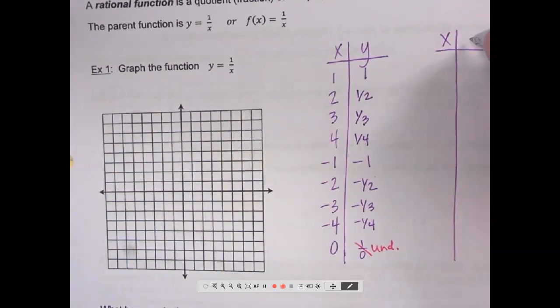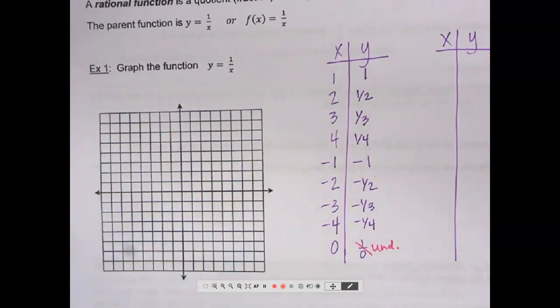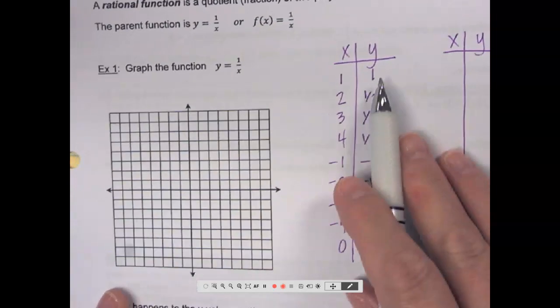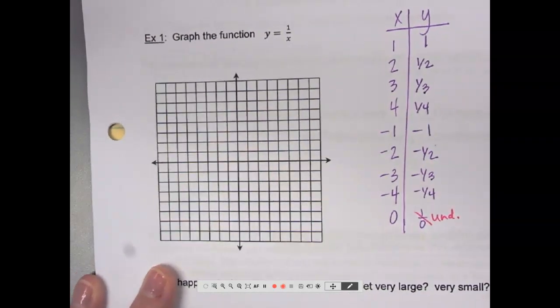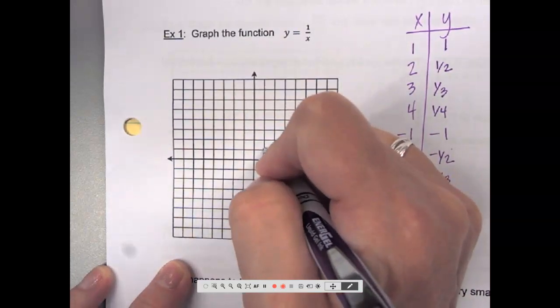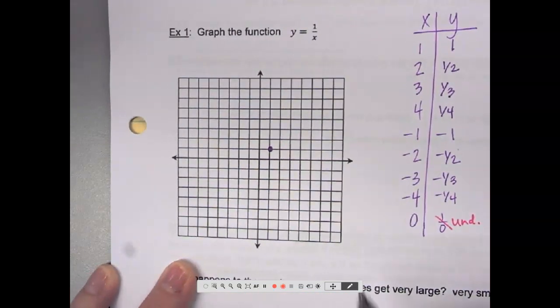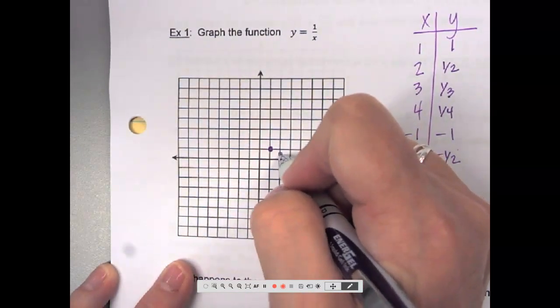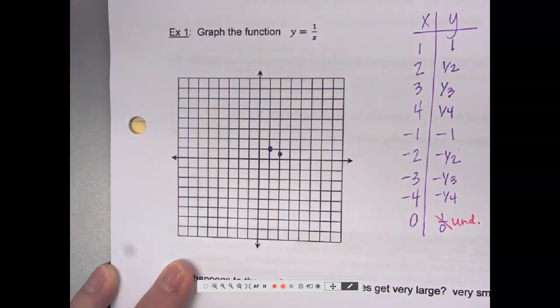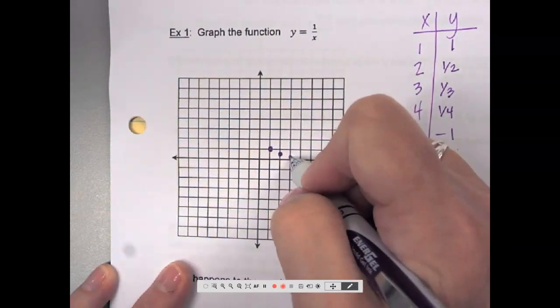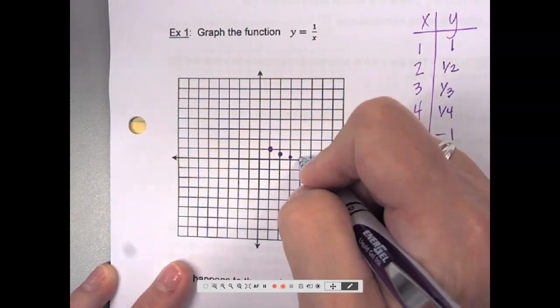Let's try some fractions. And the reason is, before I do that, let's see why. Let's plot these. Okay? 1, 1. 2, 1/2. 3, 1/3. It's getting kind of hard to accurately graph that, isn't it?